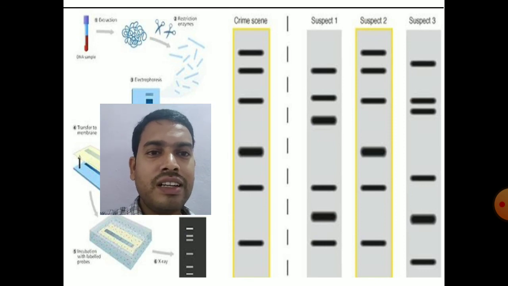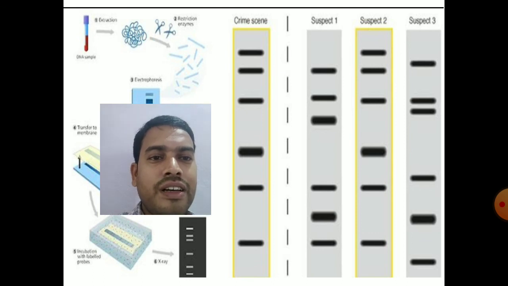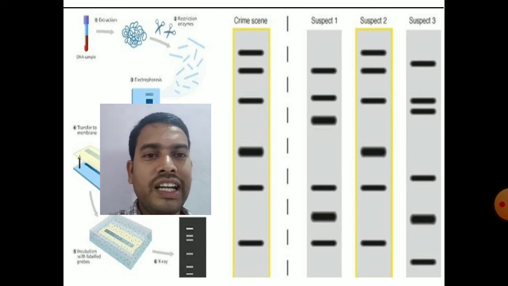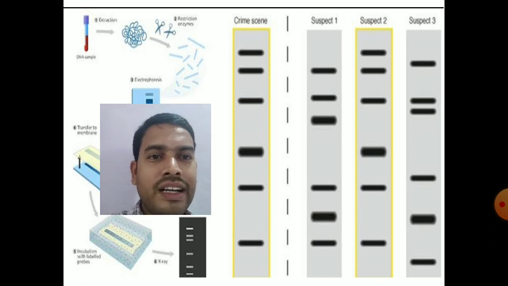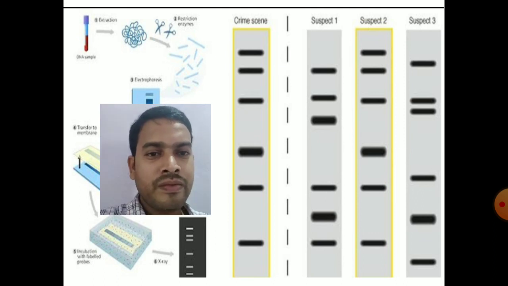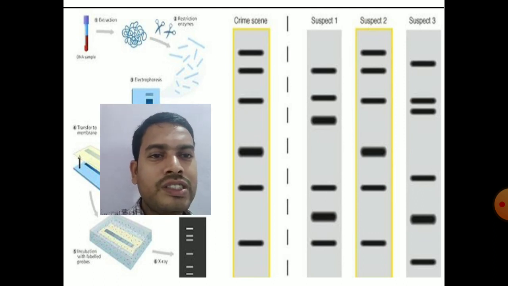Sample 1 crime scene, suspect 1, suspect 2, suspect 3. From the above four samples, you can clearly see the band pattern of the crime scene and the band pattern of suspect 2 are similar. So it shows clearly that the crime was committed by suspect 2.